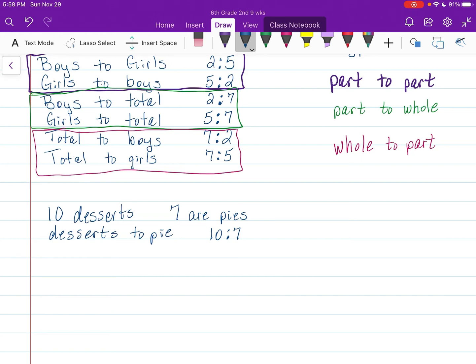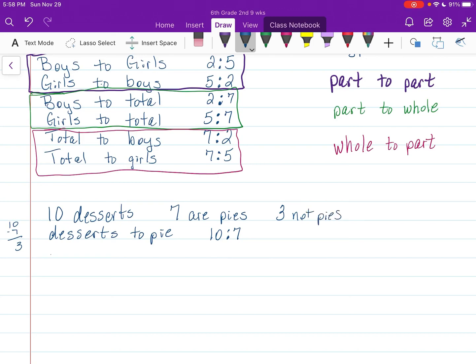They could be cookies or cakes or candy. So it's either pies or it's not a pie. So how many are not pies? So we could draw a picture of it. Or we could say 10 minus 7 is 3. So 3 are not pies.